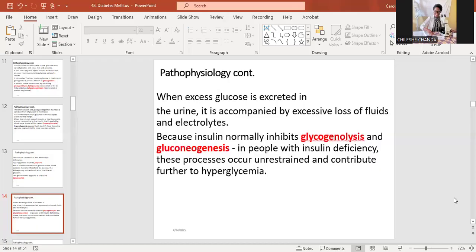Now remember, even when the patient's cells are not taking up glucose, as long as there is no insulin, the body will break down whatever has been stored.